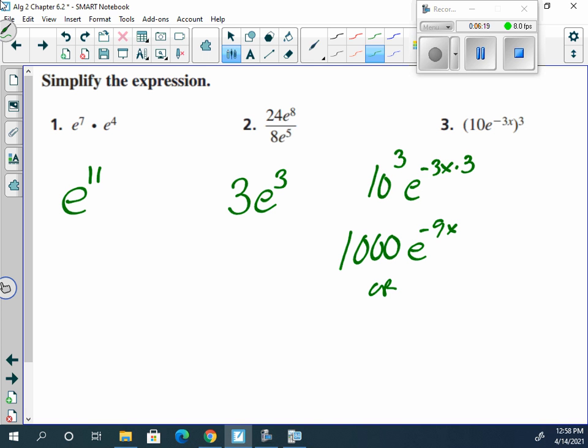The other way we could write this is 1,000 over e to the 9x if we want to keep the exponent positive. We can move it from the numerator to the denominator. So any other questions on these here? Okay.